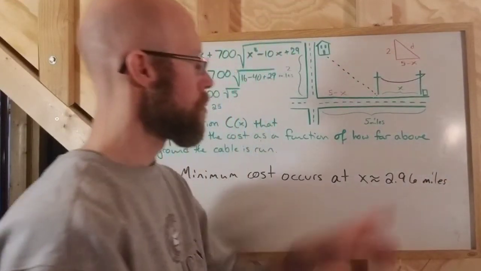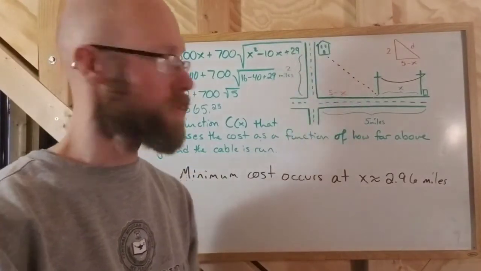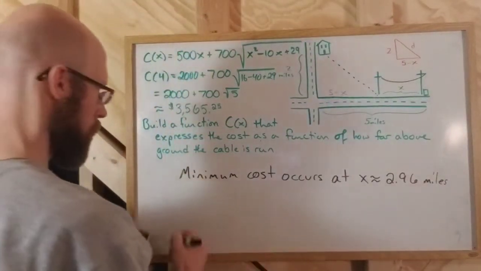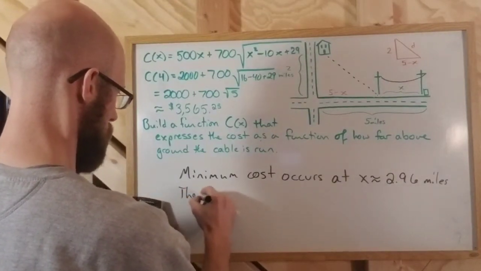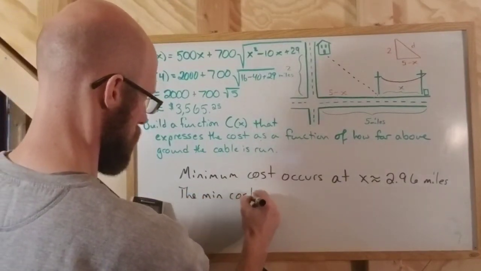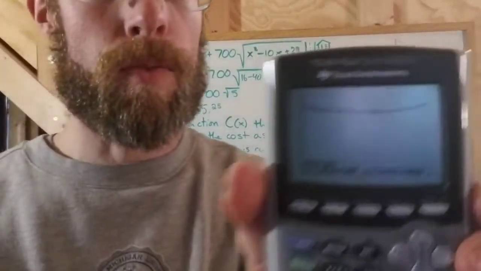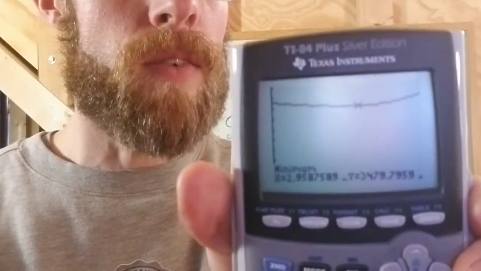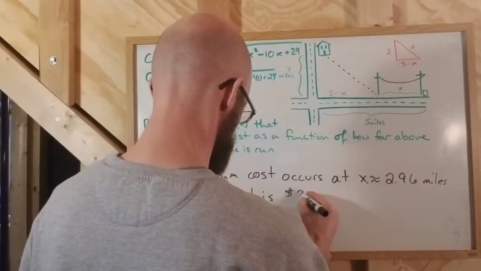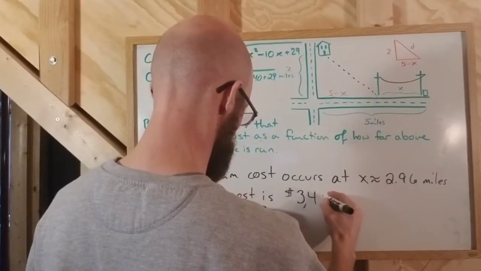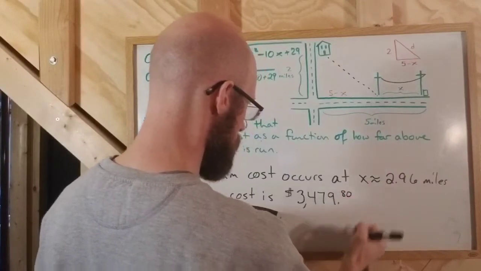So that would be almost 3 miles down the road when you turn in to go to the house. So that's the minimum cost. And the min cost is, according to this, right around $3,479. $3,479, and if I round that off, that's 80 cents.